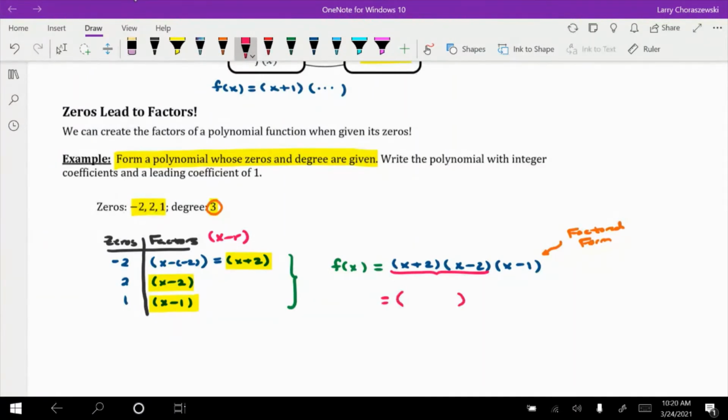All right, can I have you guys do that? And then we'll see what to do with the x minus 1. Did you guys get x squared minus 4 for that?